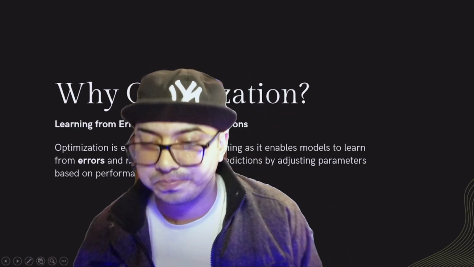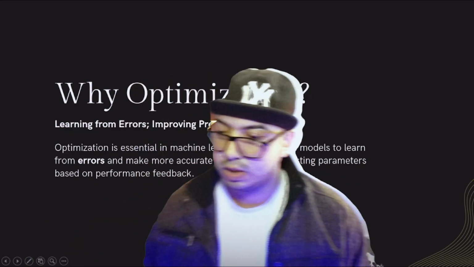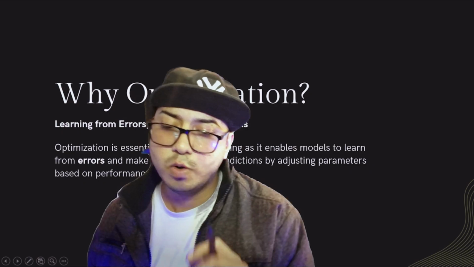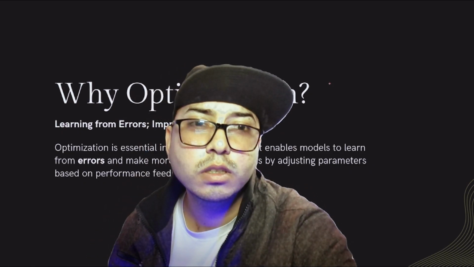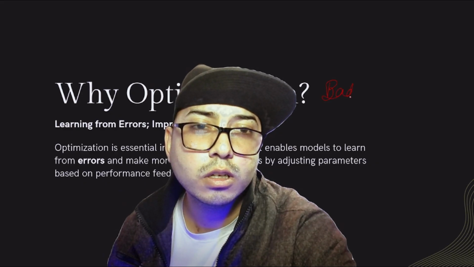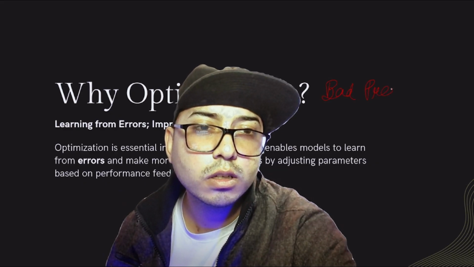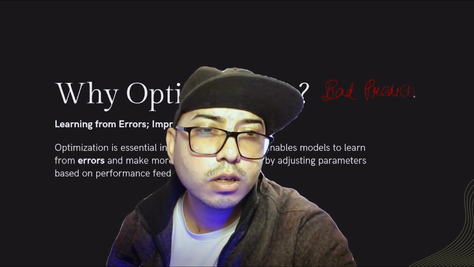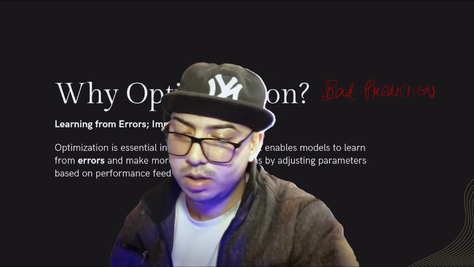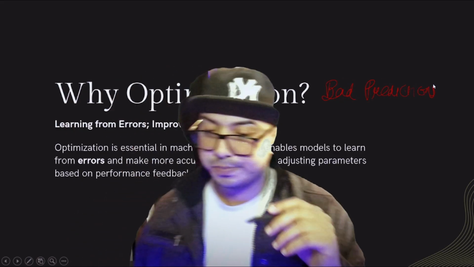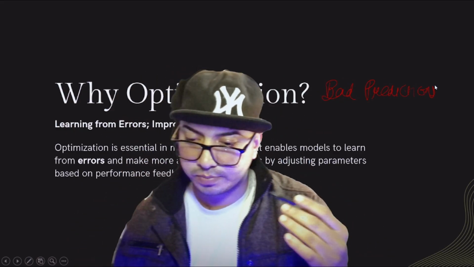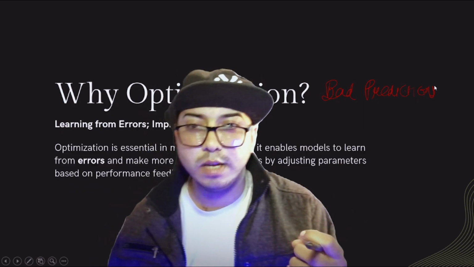So why optimization? Machine learning models start by making bad predictions. Optimization is the process that helps models improve over time.